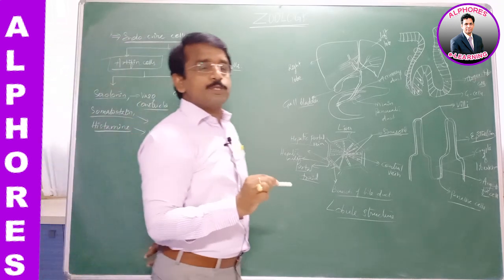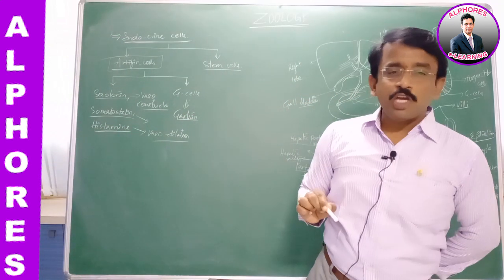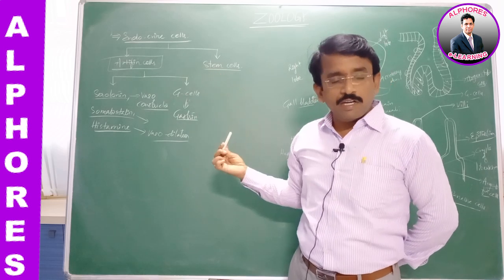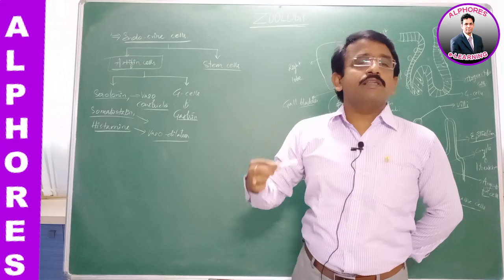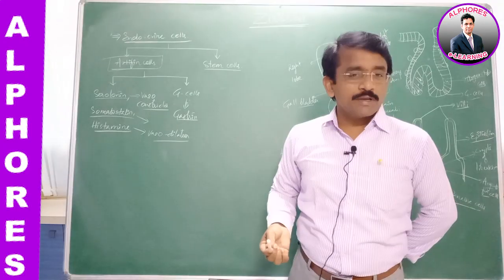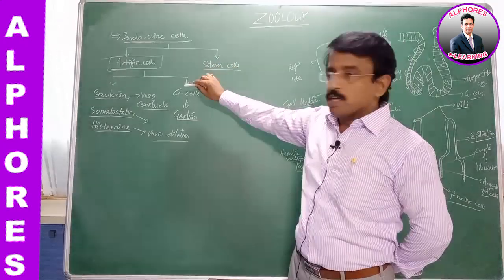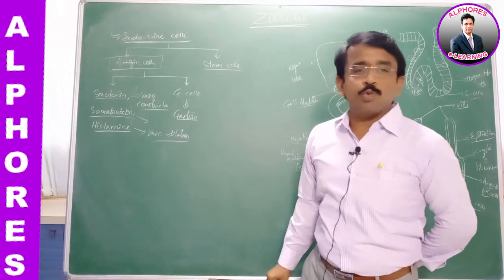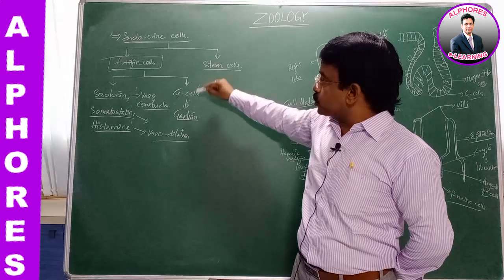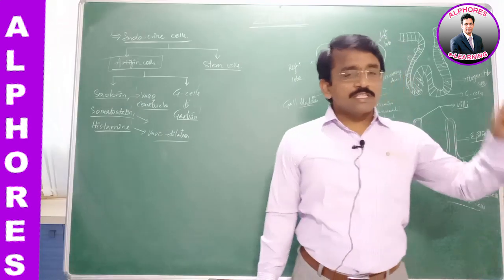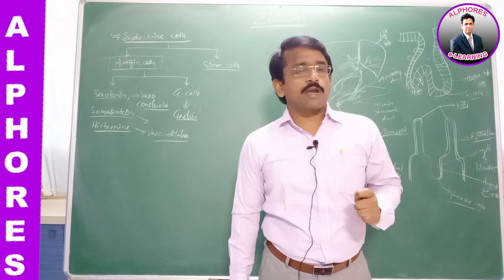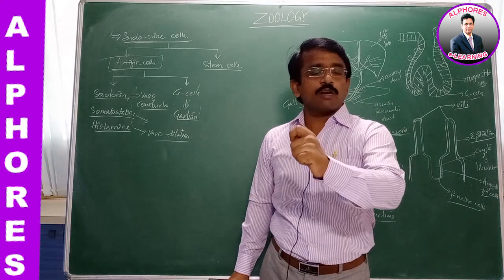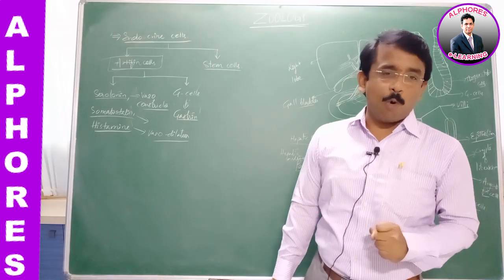Argentaffin cells are present in the epithelial region of both the stomach and the intestine, and thereby they release the hormones. Here we see serotonin, somatostatin and histamine, as well as the G cells secreting gastrin. In the same manner, in the intestinal region also, we find the argentaffin cells which secrete the secretin hormone.